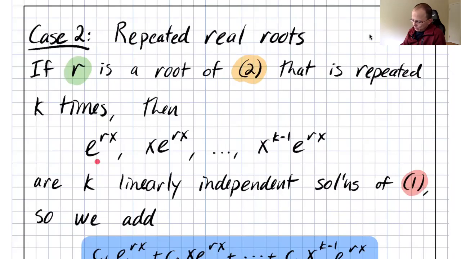So this is the first one, that's the second one, and you keep going up to x to the k minus 1. So that'll give us our kth solution, so 1 up to k solutions. And all of these particular solutions are actually linearly independent. And they'll also be linearly independent with different roots as well. So we can add this to our set of linearly independent solutions.